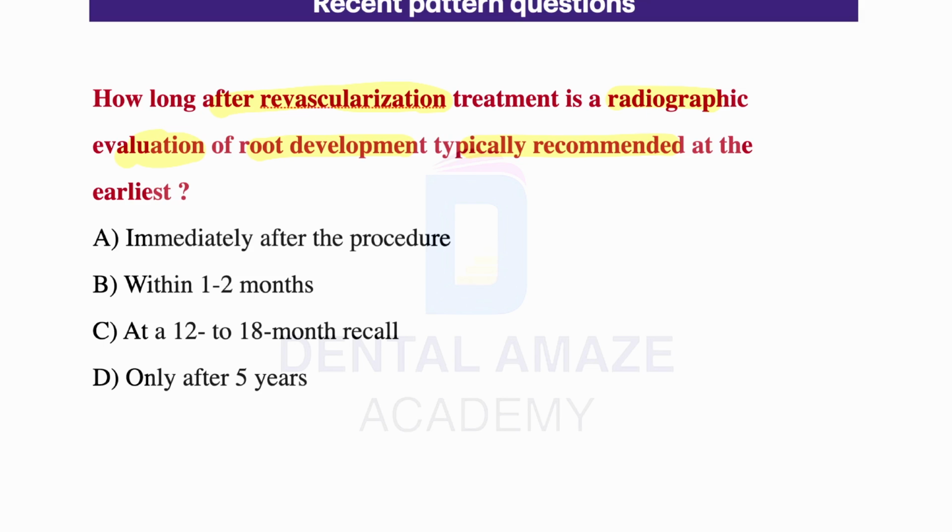So here your Cohen says it's 12 to 18 months at the earliest, and sometimes you should go till 36 months. But if you want to do it at the earliest possible, don't do it before 12 months. So that is 12 to 18 months, okay.